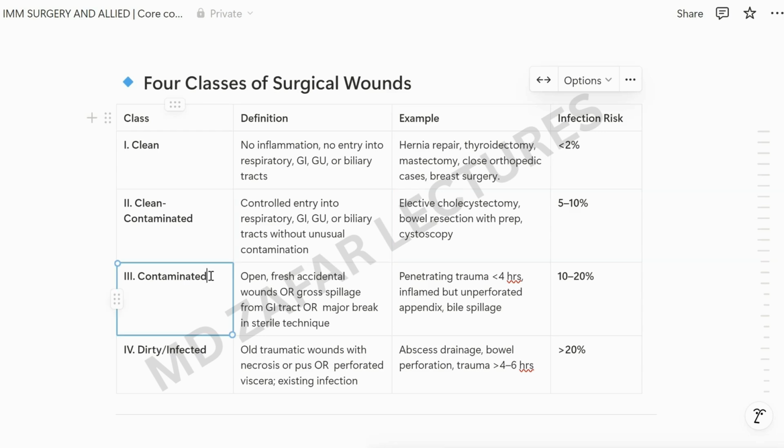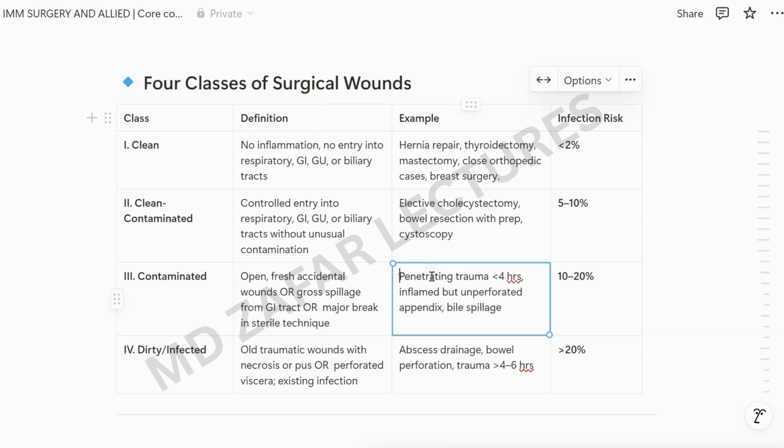Then we have class 3, the contaminated one. In this, either an open, fresh or accidental wound, or gross spillage within any tract, specifically GIT or genitourinary, or a major break in sterile technique will convert the wound into a contaminated one.